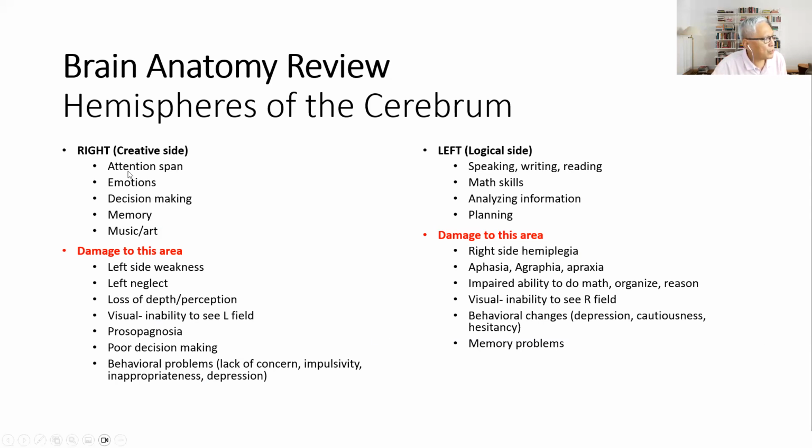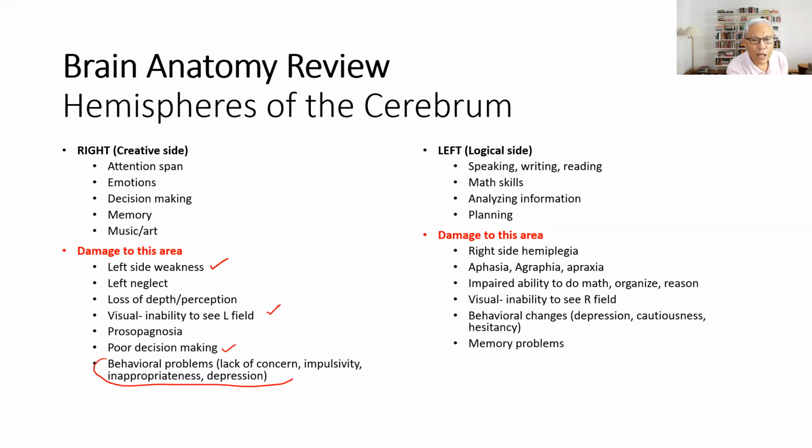So we would call damage to the right hemisphere a right hemispheric stroke. You will have left side weakness, visual inability to see the left field, and poor decision making, which is very important.